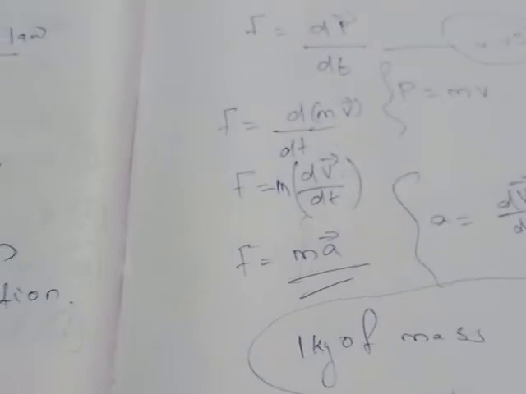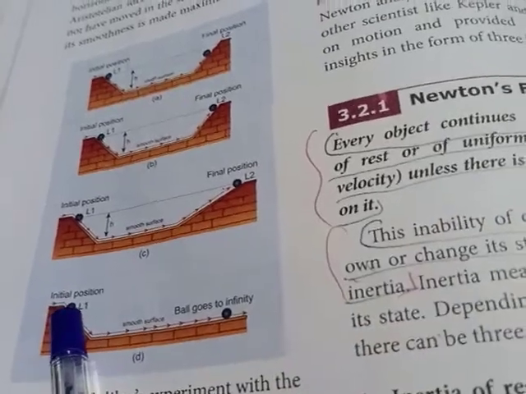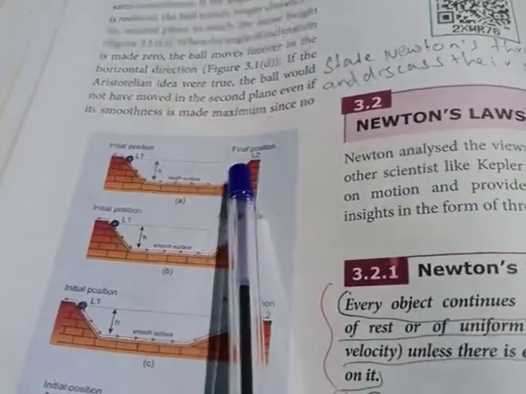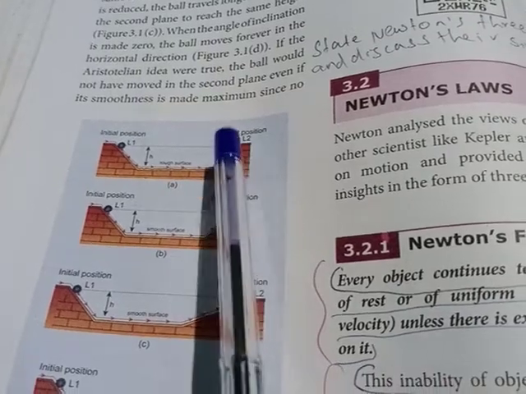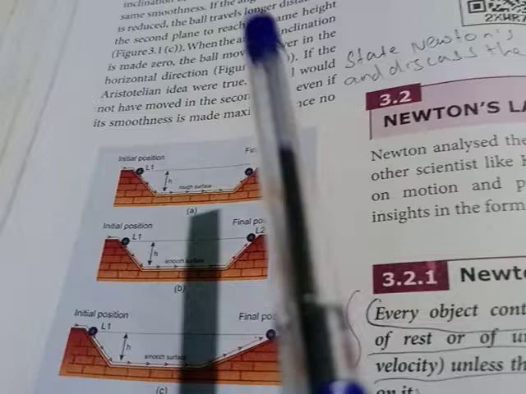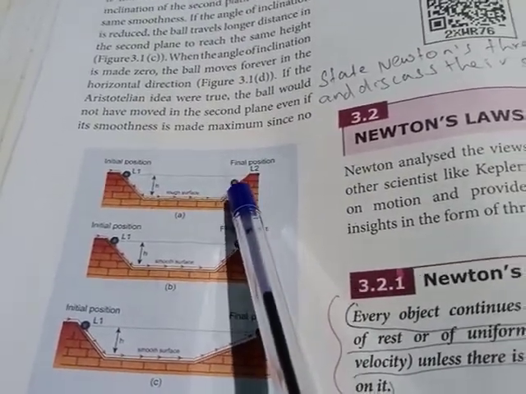If you look at that last diagram in this experiment, you can see that the ball is dropped from here, and when it reaches some position, the ball stops. You have to note this point, the ball stops.